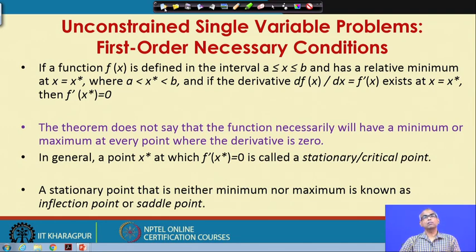So, what we learned about the first order necessary conditions for optimality is that the first derivative will be equal to 0. So, if you have a function f(x), x is a single variable, df/dx at x equal to x star is equal to 0, where x star is known as a stationary point.